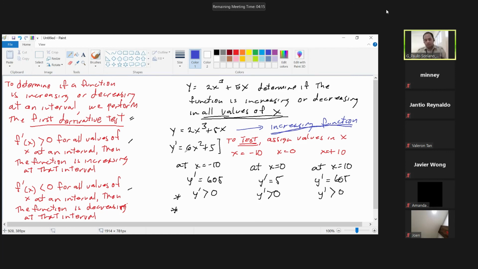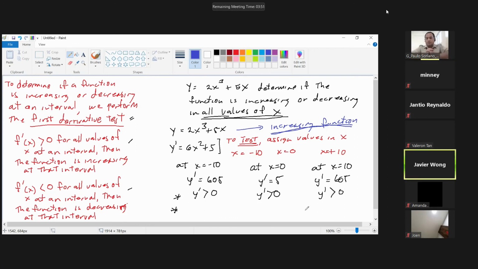Clear? If this turns out negative, or y prime is lesser than 0 in any of this, then it is going to be a decreasing function. Okay? Clear?